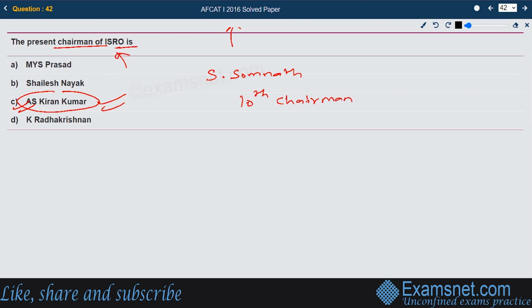He has been appointed as ISRO chief in January 2023. At that time, in 2016, the chairman of ISRO was A.S. Kiran Kumar.